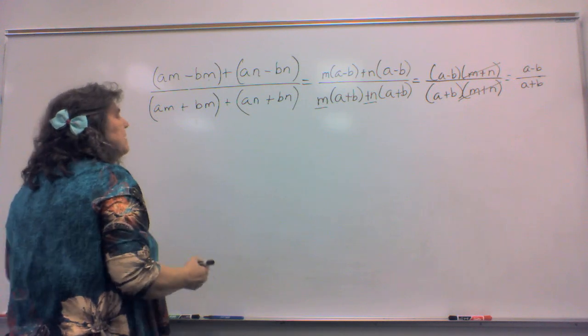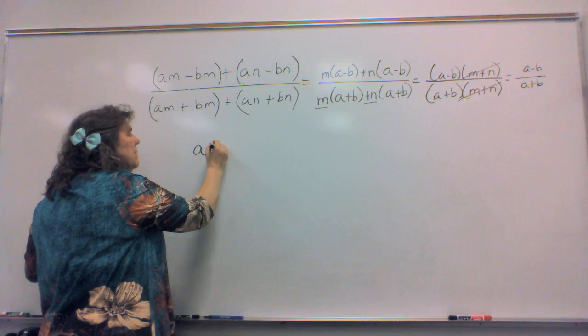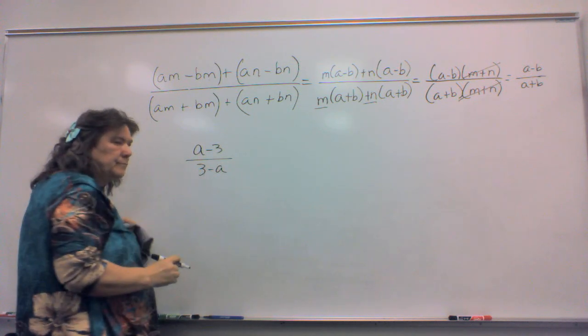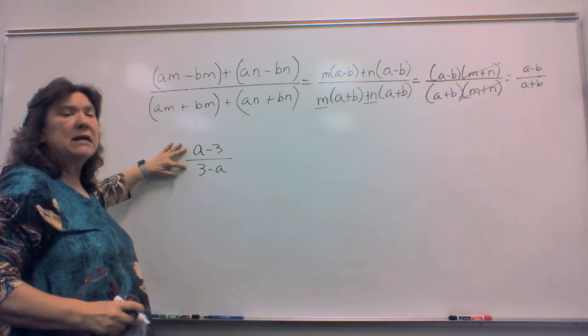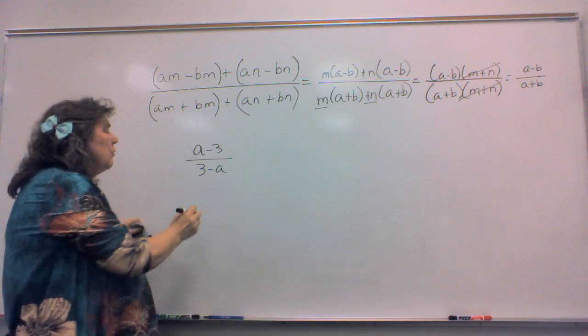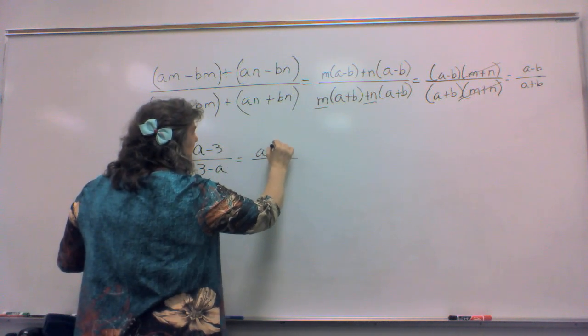So let's look at something else that will show up when you're doing this. If you have a minus 3 over 3 minus a, these are the same except for a negative 1. To show you that, we're going to factor a negative 1 out of the denominator.